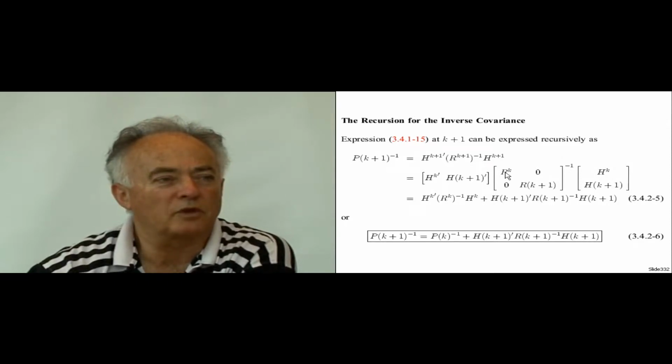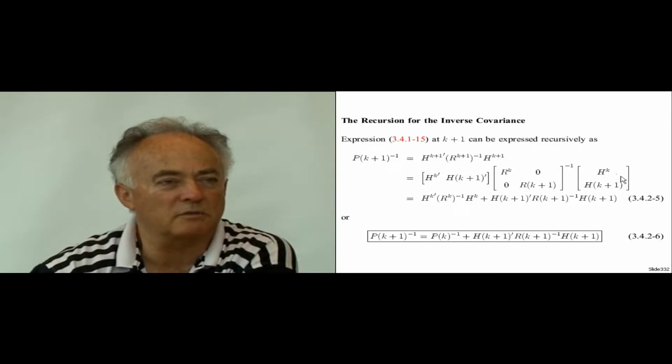So we have the first one, that's 1-1, multiplied with the first term here and the first term here. So that's H k prime R k inverse H k. That's for the 1-1 term, and the 2-2 term is H at k plus 1 prime R at k plus 1 inverse H at k plus 1.